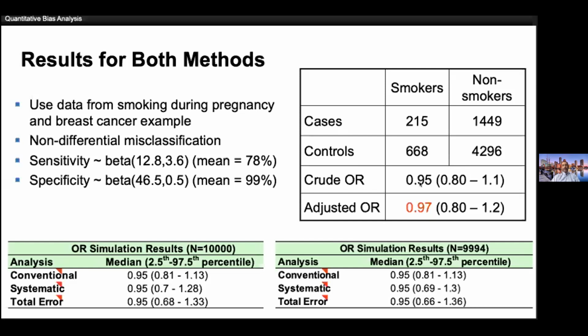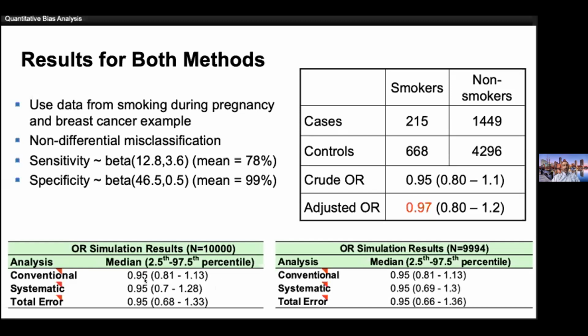Remember, the observed result was an odds ratio of 0.95, so basically a null estimate. And then on the left, I have the results from a summary level bias analysis correction, and on the right, I have the results from a record level bias analysis correction.